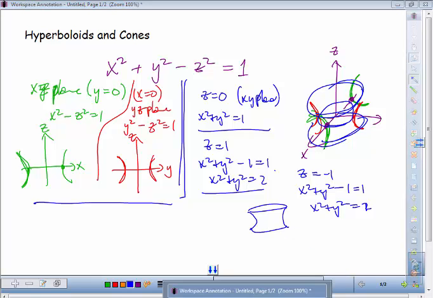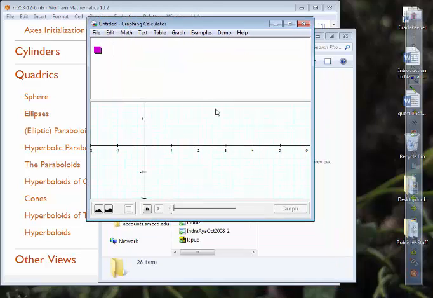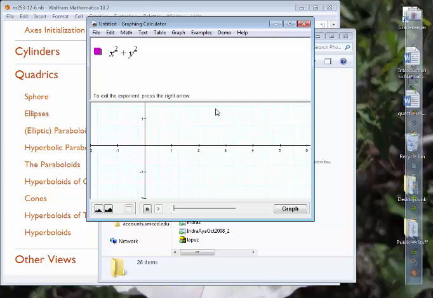All right, let's start our drawing business over here. x squared plus y squared minus z squared equals 1.